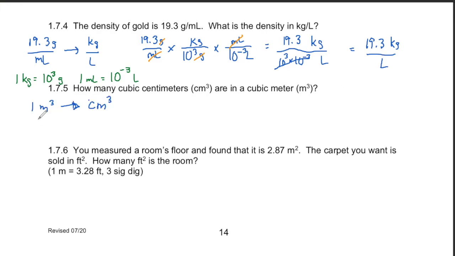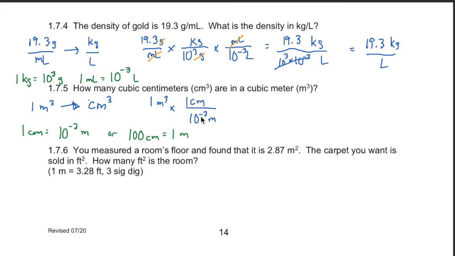So for this one, we're really trying to convert a meter cubed into centimeters cubed. We're trying to figure out how many centimeters cubed we have if we have a cubic meter. So here are some relationships between meters and centimeters. A centimeter is 10 to the minus 2 meters, or there's 100 centimeters in a meter.